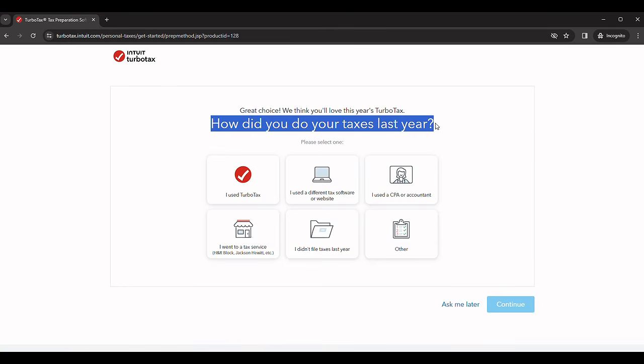Okay, so now we're getting started, and it brings us to this question, and this is very important. Do not overlook this. I'll tell you why. They're asking you, how did you file your taxes last year? And this is super important because the tax returns from your prior year may have very important information. So I want to give you one example. Let's just say that you lost money in the stock market in a previous year. If you lost money in the stock market in a previous year, you're going to have a loss balance.